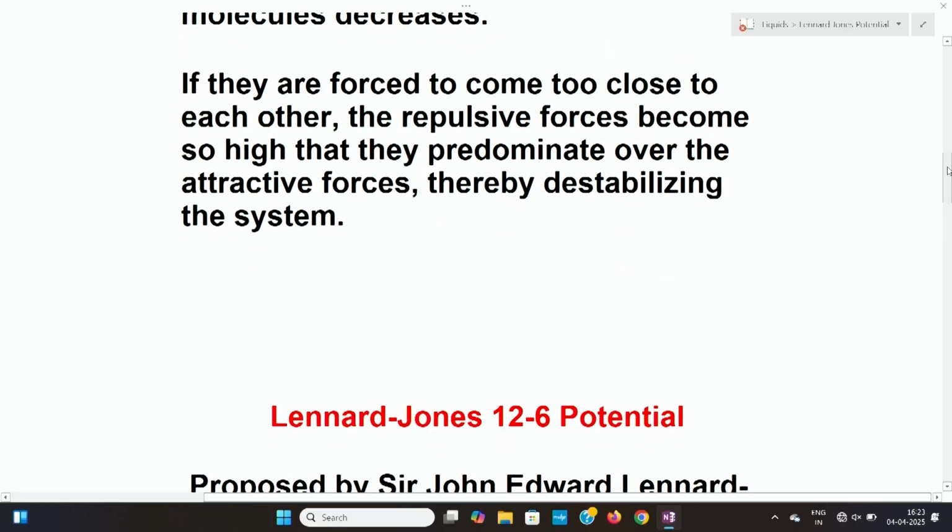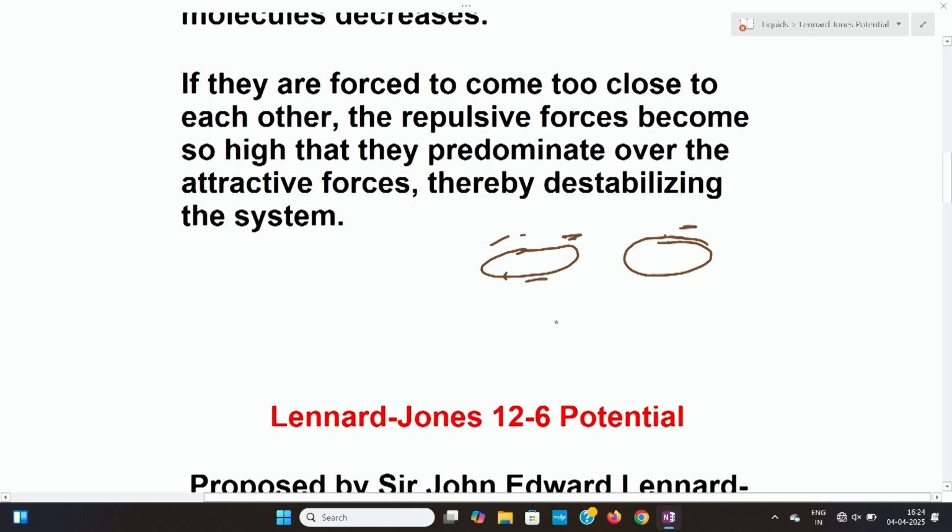That is, if we have a molecule here with an electron cloud, and we know that electrons have negative charge, and here we have another molecule, that also has a negative electron cloud. So, when these two molecules come in contact, the repulsive forces will exist between them.